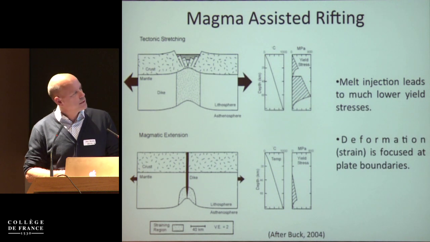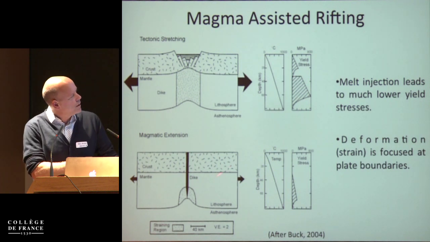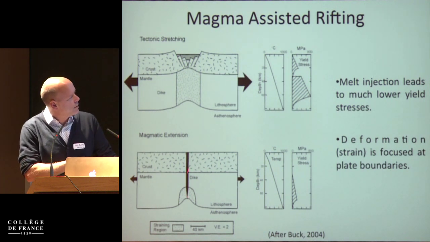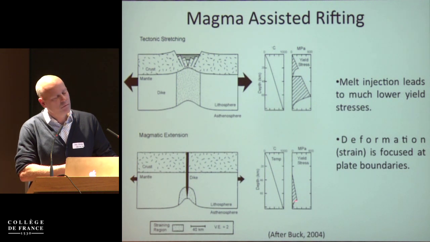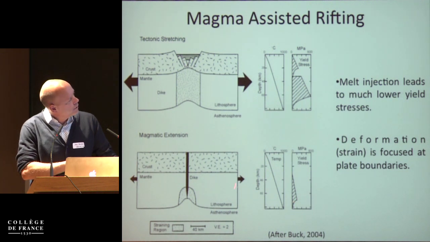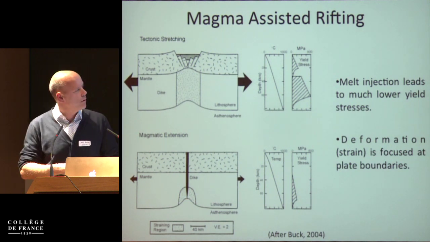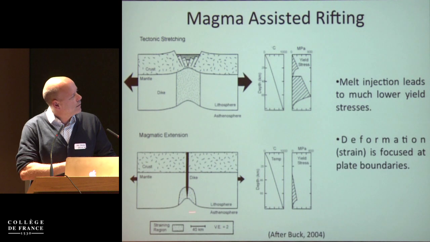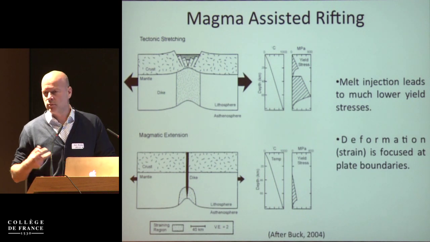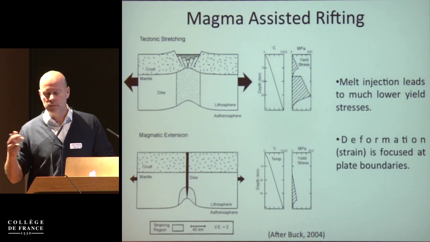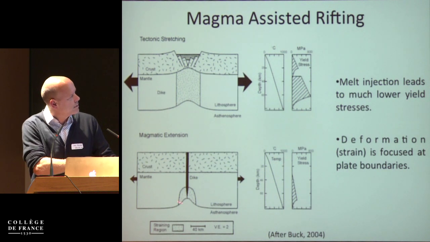And if we go back to this Buck paper, what he pointed out, with great foresight, is that if you start to get dike injection into the lithosphere, you really dramatically weaken it, an order of magnitude weaker. And not only that, you really focus the deformation at the rifting point. And I think seismically what we've shown is the fingerprint or the smoking gun of this process.